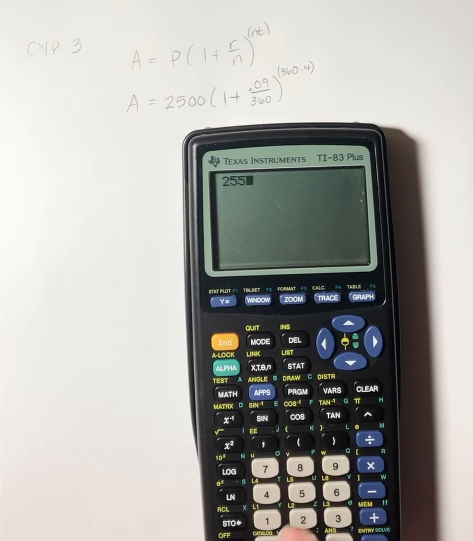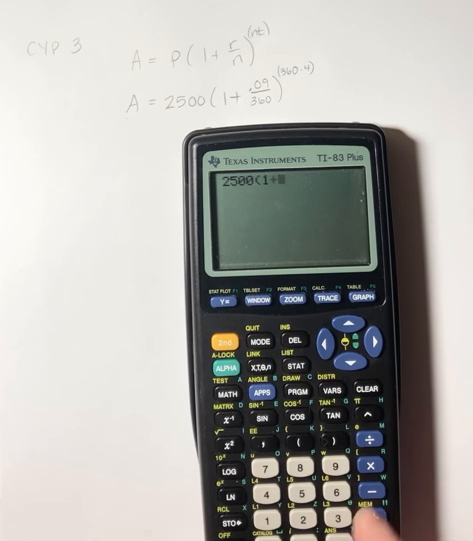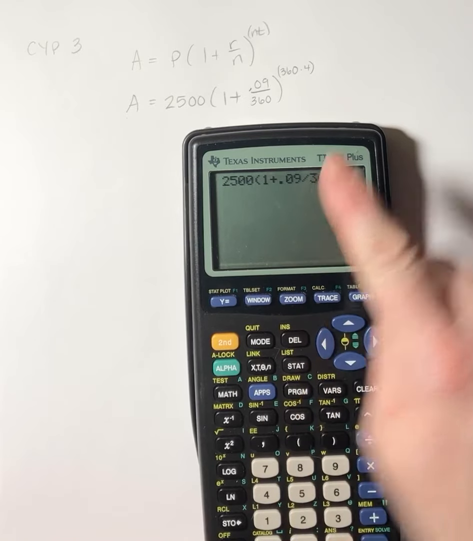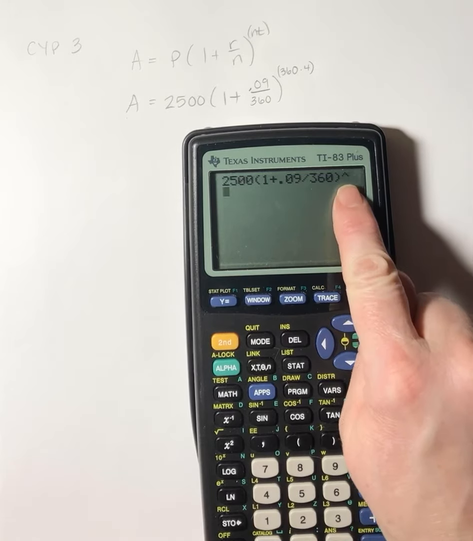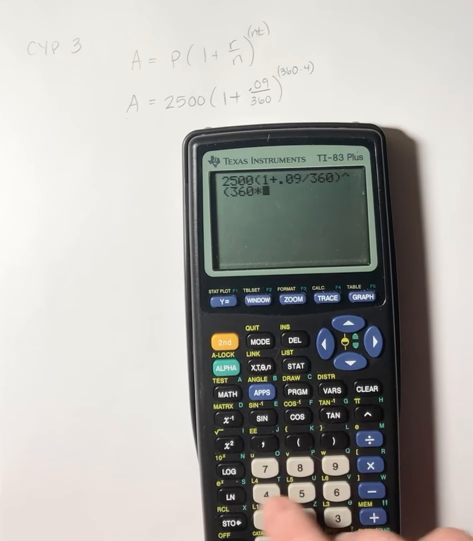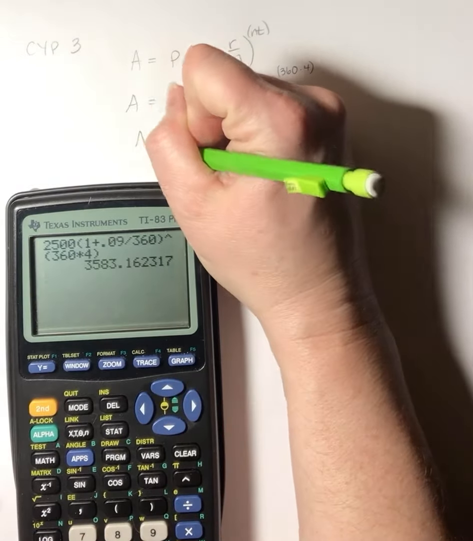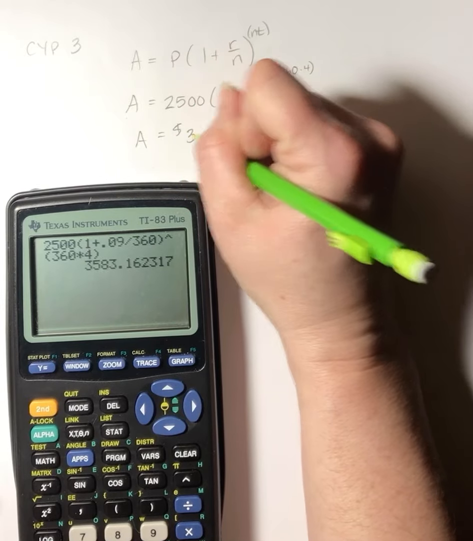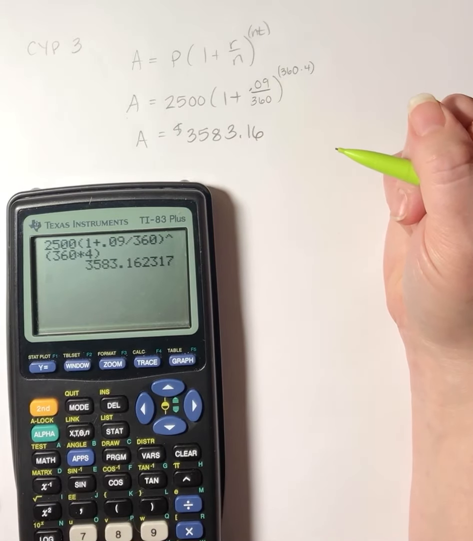So I have 2,500 times 1 plus 0.09 divided by 360, and inside the parentheses right here, I don't need any extra parentheses. But on my calculator, because mine is old, when I put that caret in there, I have to put a parentheses around 360 times 4. And so the amount in the account is going to be $3,583.16.